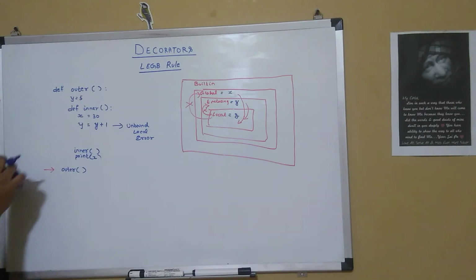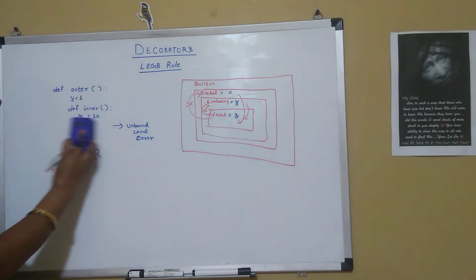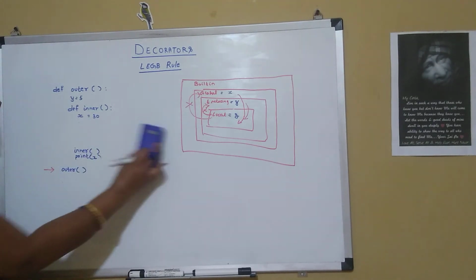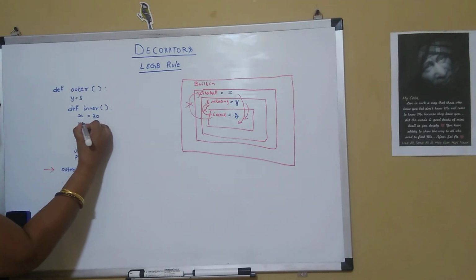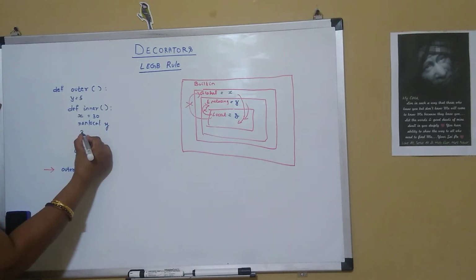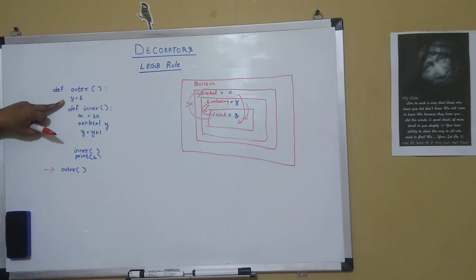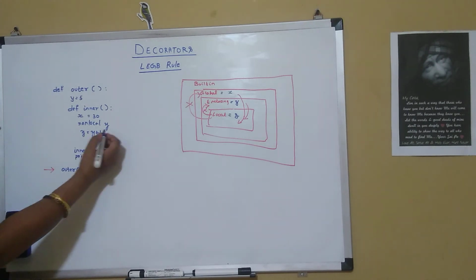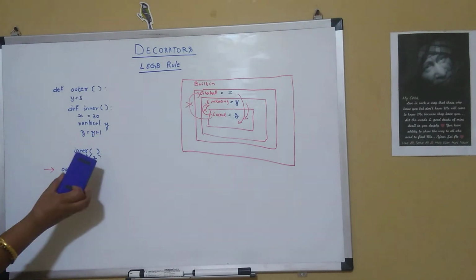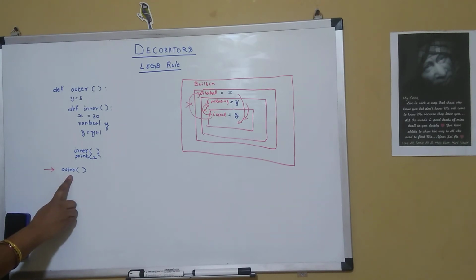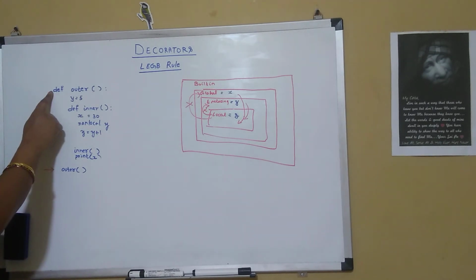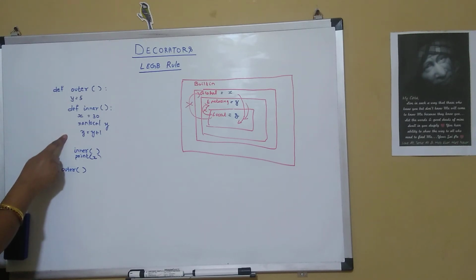So if we want to modify y, then we have to specify nonlocal y, and then we can say y is equal to y plus 1. So this particular variable will get changed. Now when I call my outer function, it goes to the outer function, it performs y equal to 5. This is the function definition, so it does not perform anything, and it returns inner.